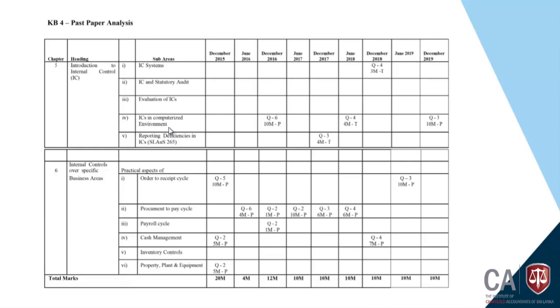KB4 is only the benchmark for your CL1 paper because both papers are closed book examinations, right. Also, under the theoretical chapter, part 4, internal controls in a computerized environment, it has again been in your KB4 paper: December 16, 10 marks; June 18, 4 marks; again December 19, 10 marks. So there is a possibility of testing internal controls in relation to information technology in your October 2020 examination as well, right.